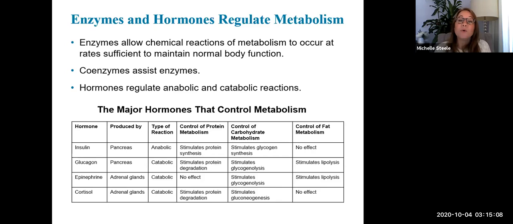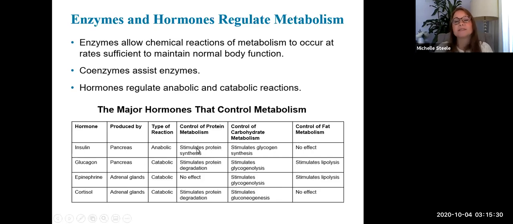We also have certain hormones that are responsible for regulating these reactions. We have the hormone insulin. You may recall us talking about insulin in our carbohydrate chapter. Insulin is a hormone that gets released by our pancreas, and it's used in direct need for an anabolic type of reaction.